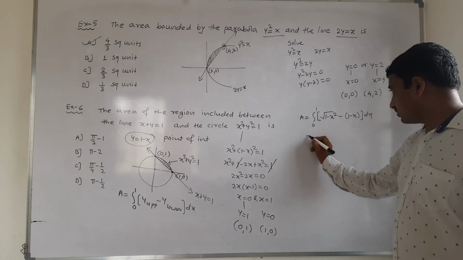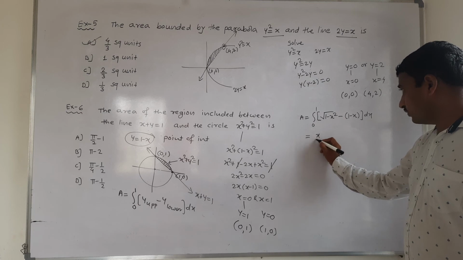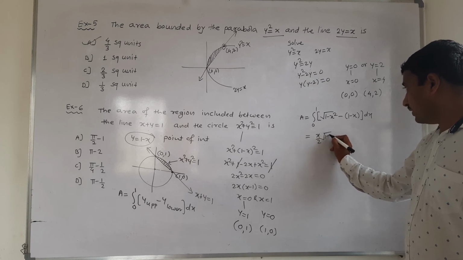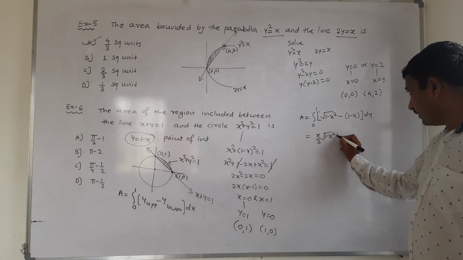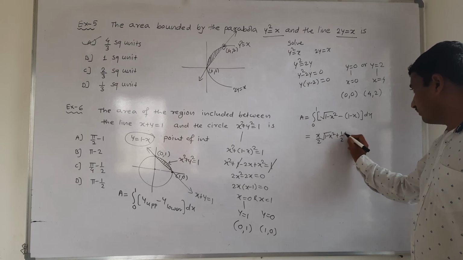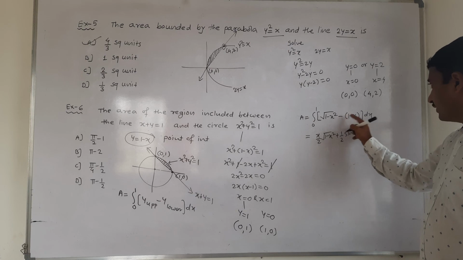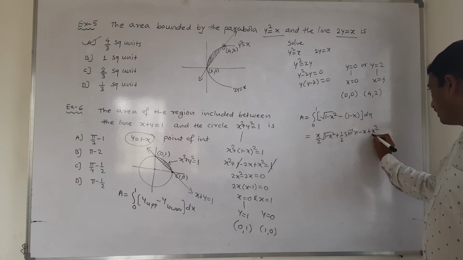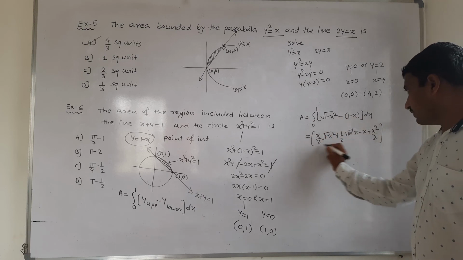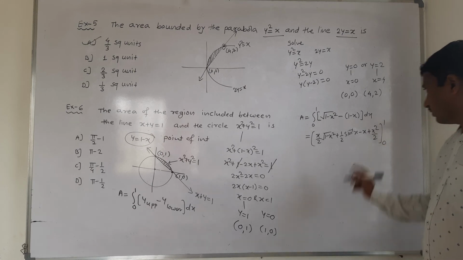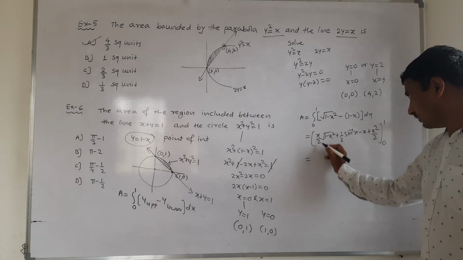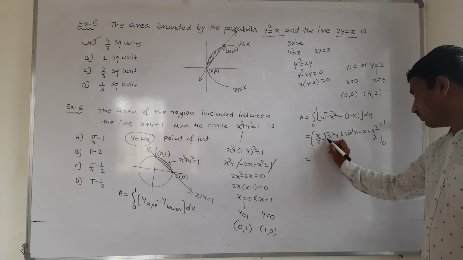Now its integration is standard: x by 2 square root 1 minus x square plus a square by 2, that is 1 by 2 sin inverse x, minus x minus x square by 2. Upper minus lower, upper limit 1, lower limit 0. Putting upper limit 1, 1 minus 1 is 0, this is neglected.